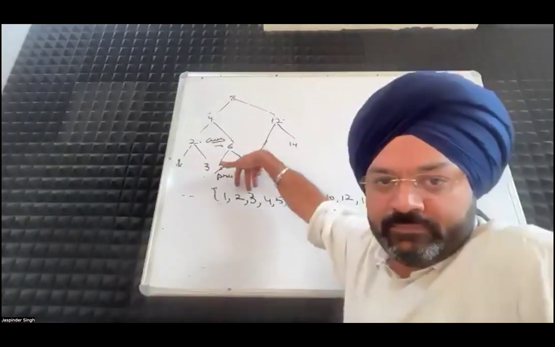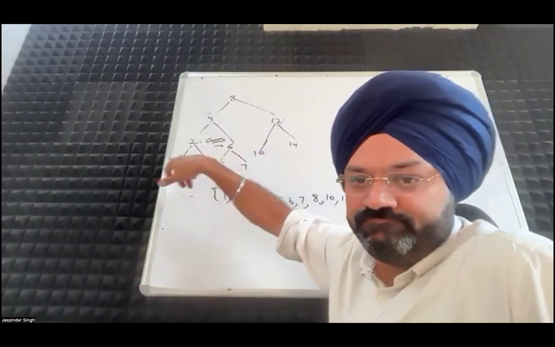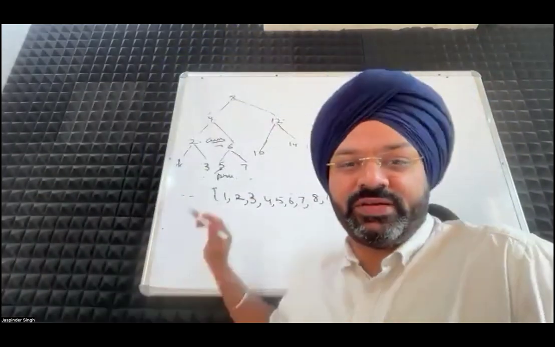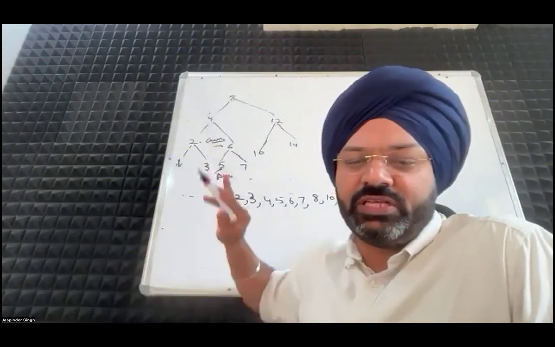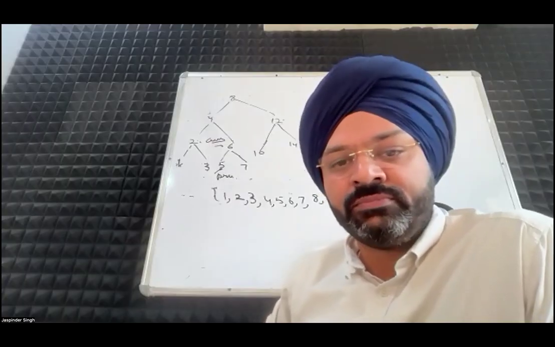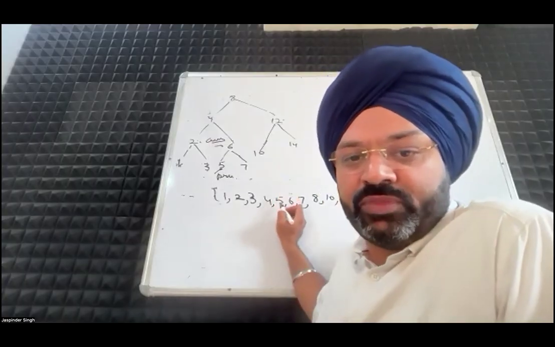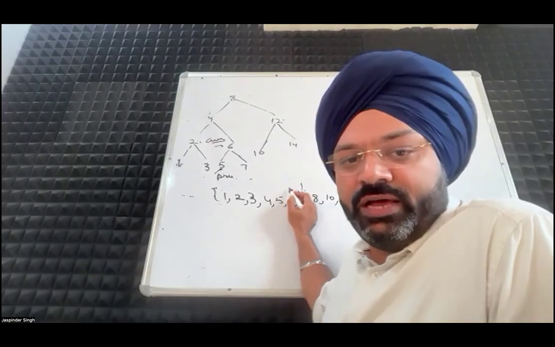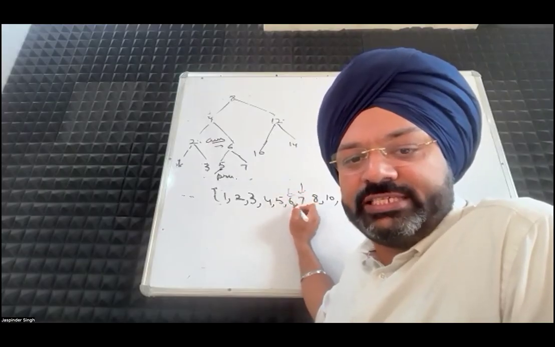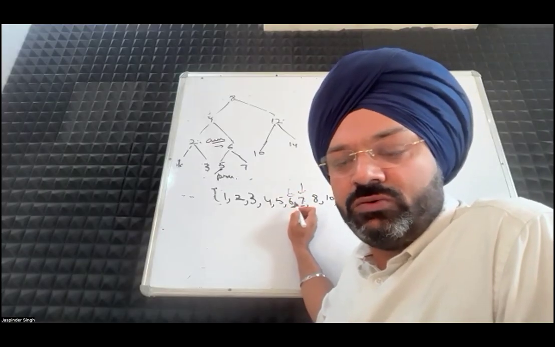The root is smaller than the left child. So I just said that, okay, current, previous, there is no left, there is no right. Is 7 over here and 6 over here? Is 6 the left child of 7?